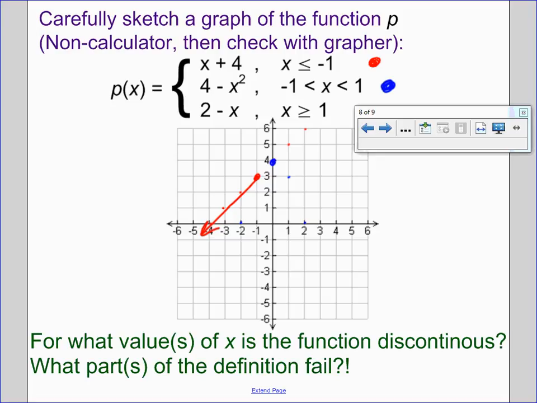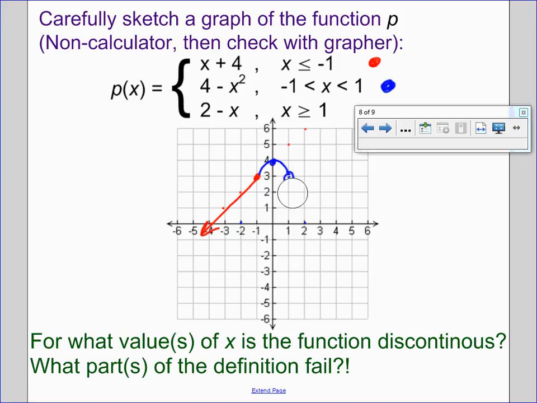However, it only applies when I'm in between -1 and +1. And so I'm going to have an open circle on this +1. I would have an open circle at x equals -1, but it's already been filled in with the red point.